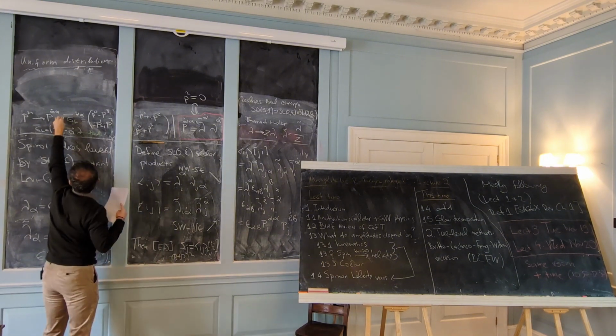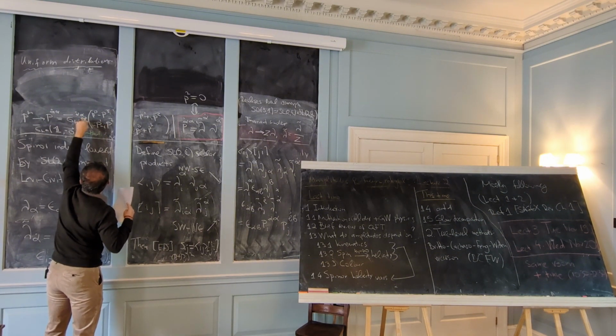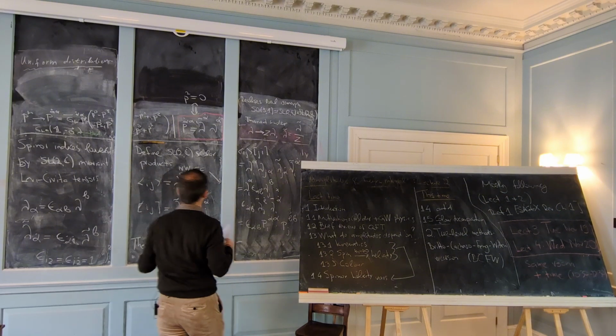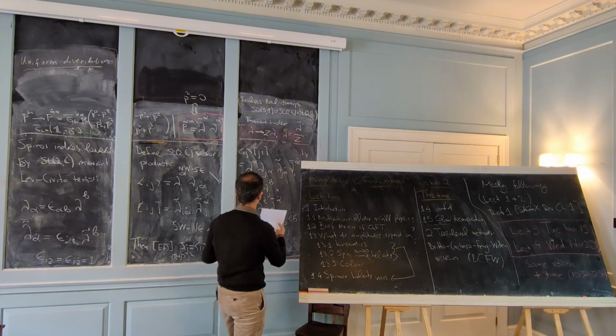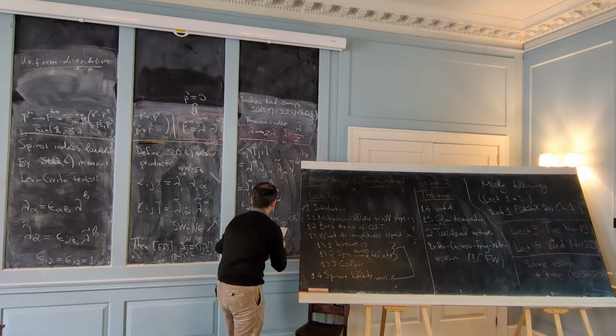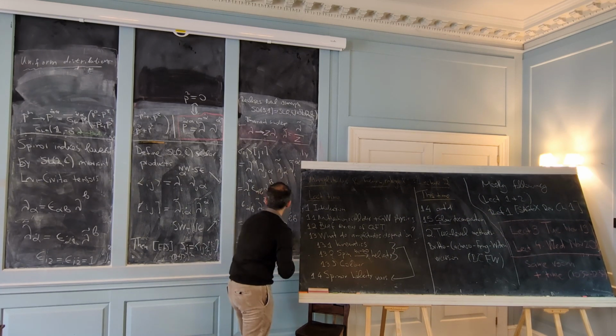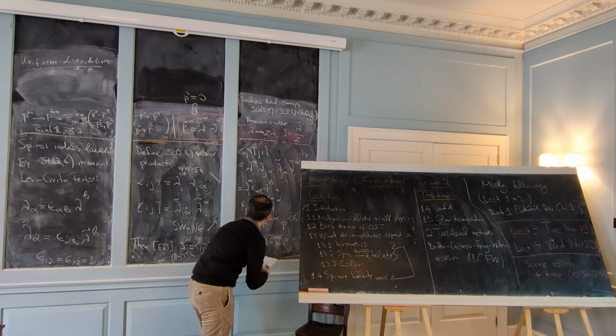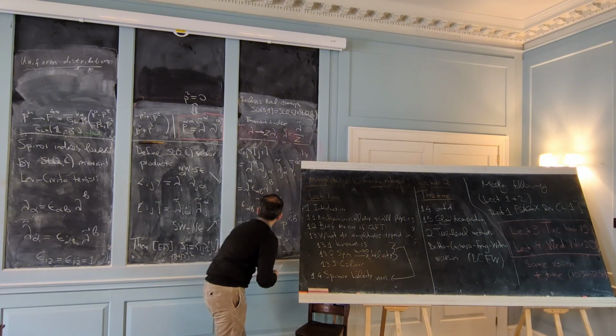Sorry, this is p^μ times p_μ. So let's just replace the expression for p_α̇α, multiplying p_μ with the sigma matrices, and this is then ε_αβ ε_α̇β̇ σ̄^α̇α μ times σ̄^β̇β ν p_i μ p_j ν.